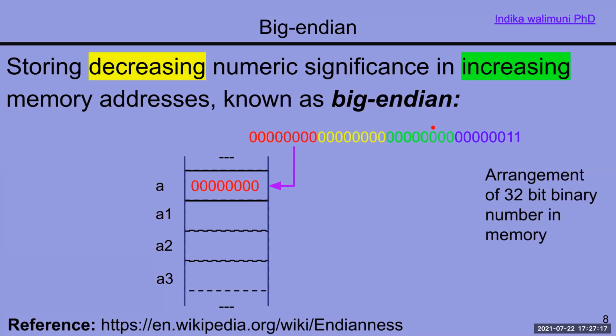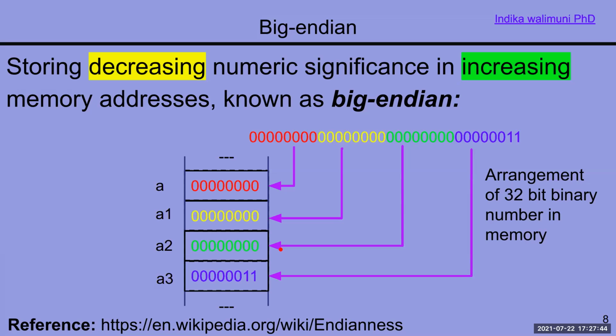This is the most significant byte, and it goes to the least significant memory address, basically the starting memory address. Then the next set goes to the next, and so on.